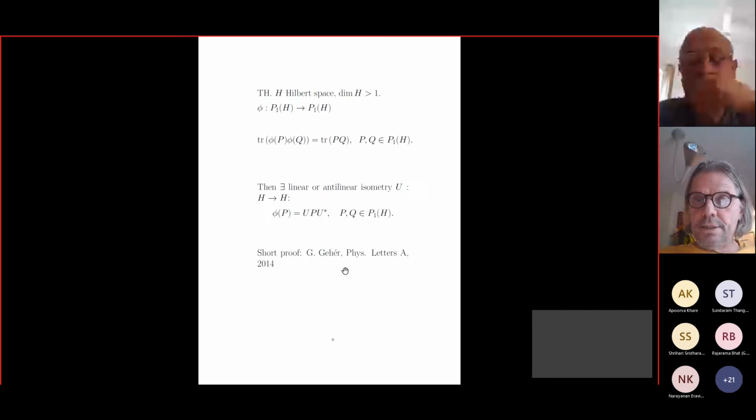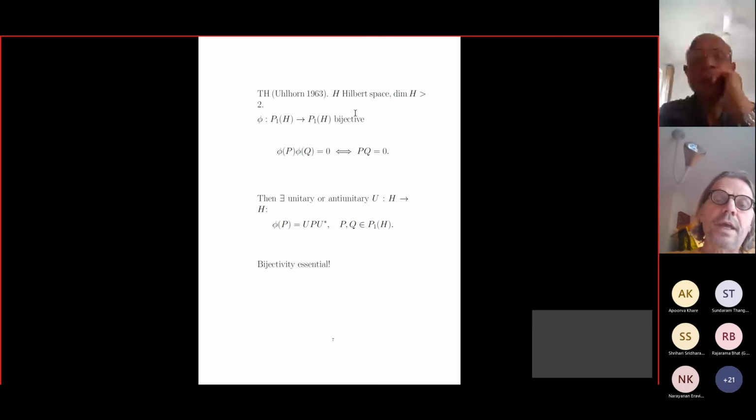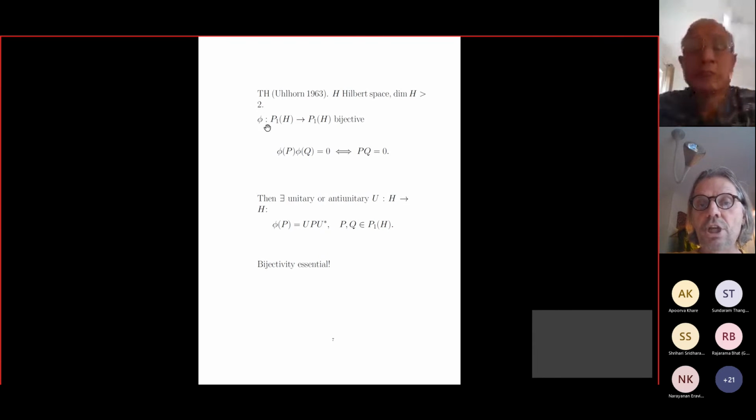Now, the next question is preserving just one transition probability. We start with transition probability 0, and we have, again, an old theorem by Uhlhorn. As before, we have the set of all projections of rank 1, or if you prefer, the set of all one-dimensional subspaces, or the projective space over a Hilbert space H. We have a bijective map, and this time just orthogonality is preserved.